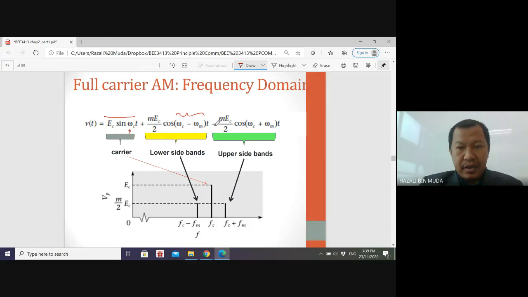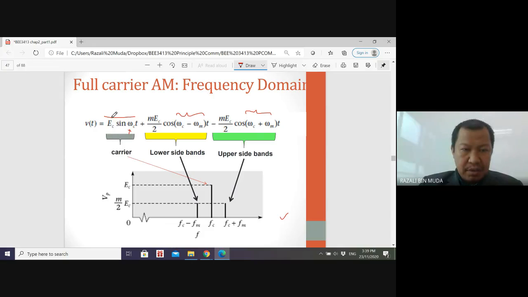Okay, and this is cos (omega c plus omega m) t. This is called the upper sideband frequency. So we take the frequency and magnitude from this equation to be plotted for the frequency domain signal.